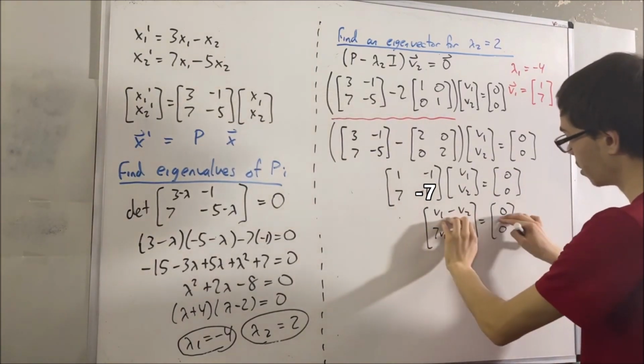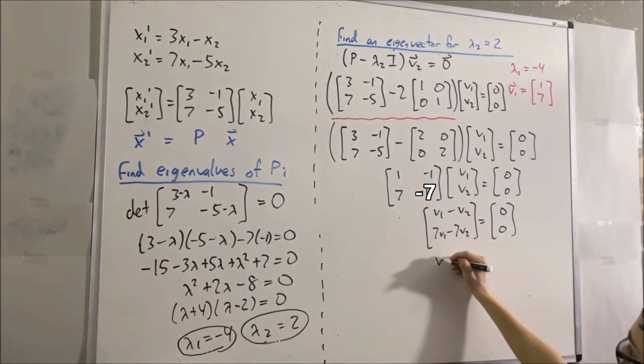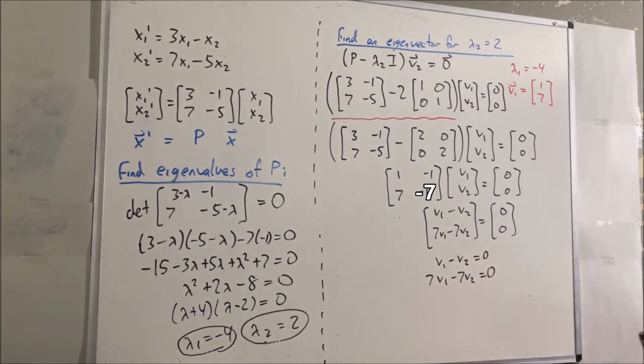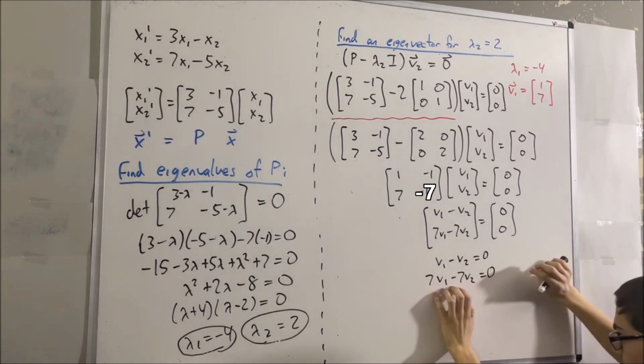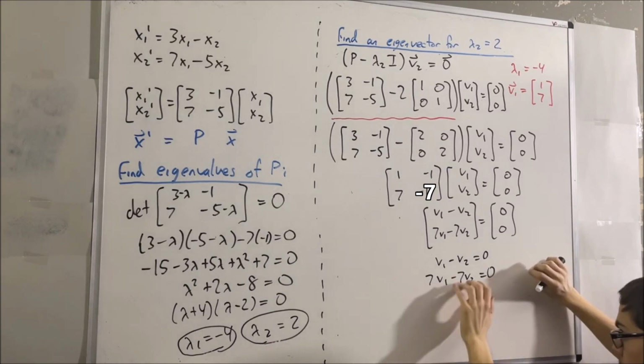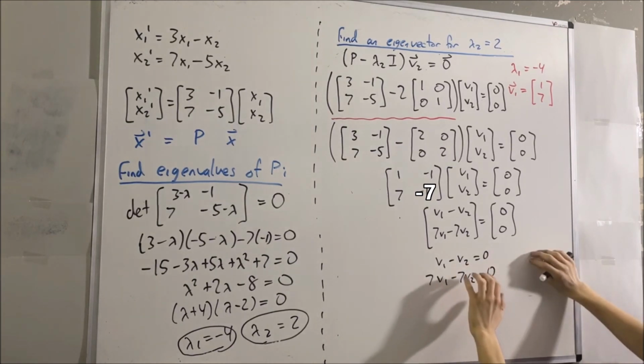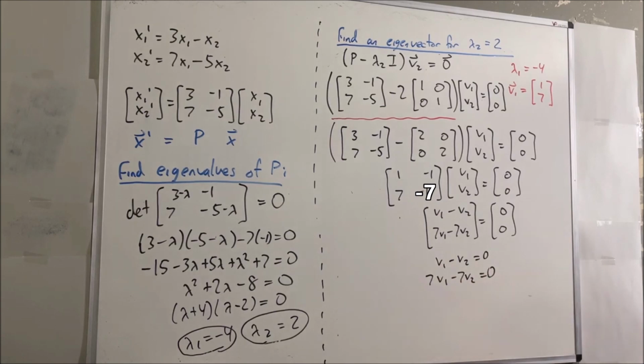We can set this equal to 0 and this equal to 0. But here's the thing. If you were to take this second equation and divide by 7 on both sides, it would be identical to the first equation. So really, these two equations are identical to each other, so we only need to consider one of them.